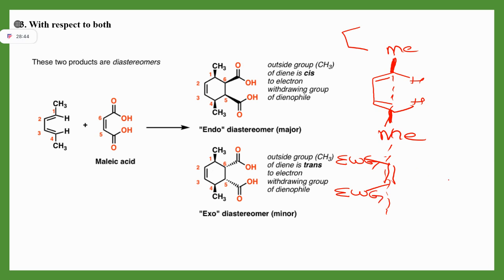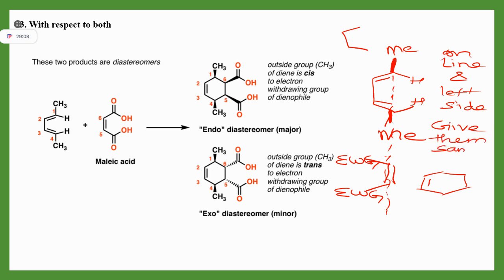Now, what you have to do in your final product: whatever groups are on the line and left side, give them the same stereo. So let's say your Me is on wedge. So Me here is on wedge.